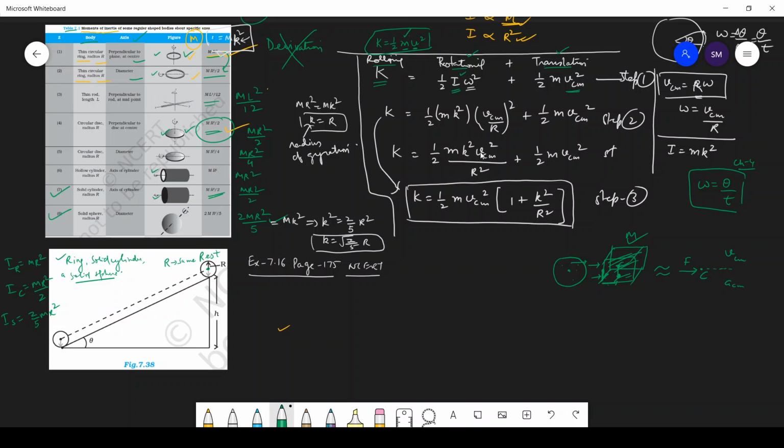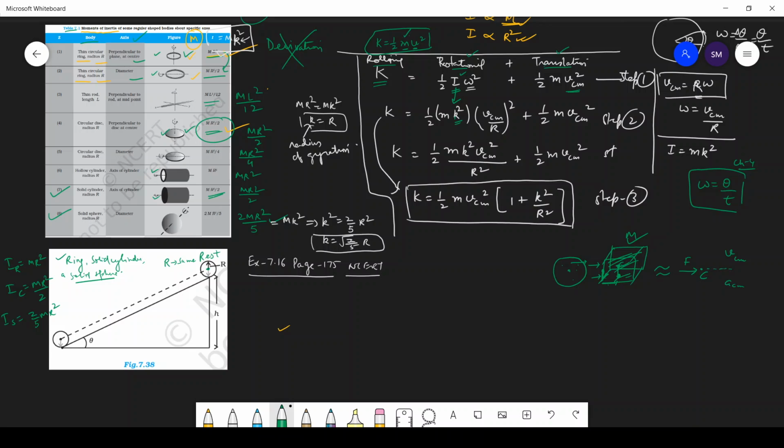Now we can also write the moment of inertia in the form of radius of gyration: I is equal to mk square.